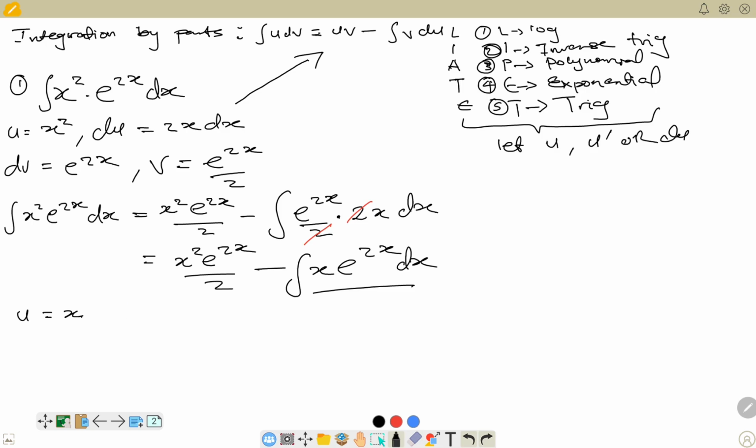So now u is equal to x, then du is going to be 1 dx, because when you differentiate x, you just get 1. Then dv is still e to the power 2x. When you integrate, v is e to the power 2x over 2.